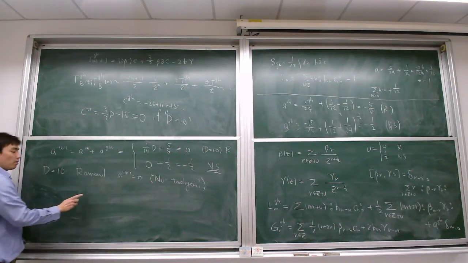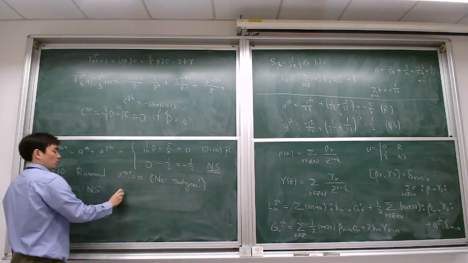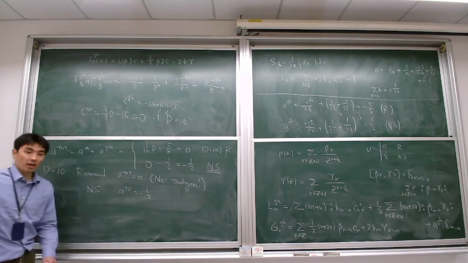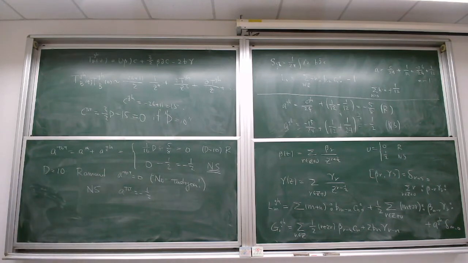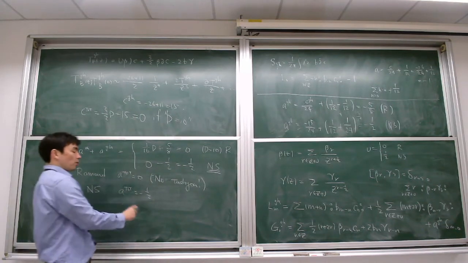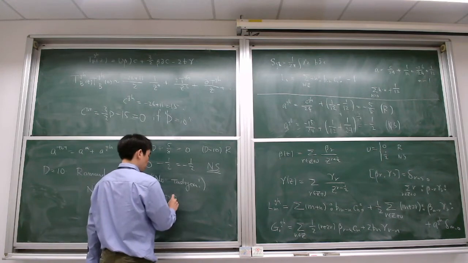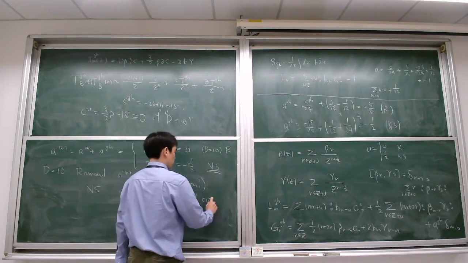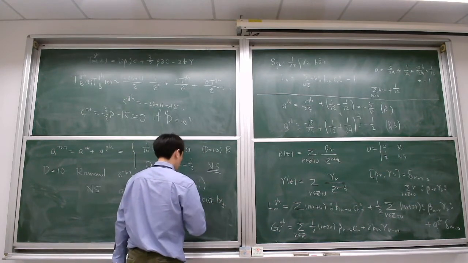However, you have to be careful in Neveu-Schwarz. The total is minus 1/2. It looks like a tachyon. There is a tachyon. And as we will see, this tachyon will be projected out by the so-called GSO projection.